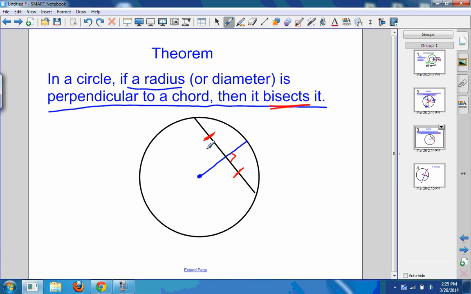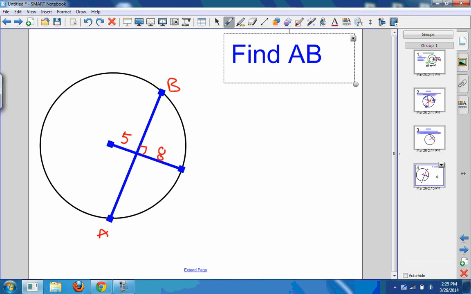All right, let's look at a problem with that. Here we have a radius that is going right along there, and we have a chord that is perpendicular to it. Our theorem says that if we have a radius perpendicular to a chord, then it bisects it.